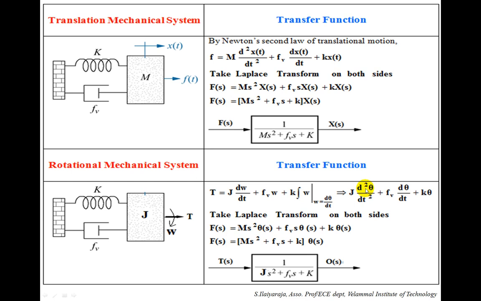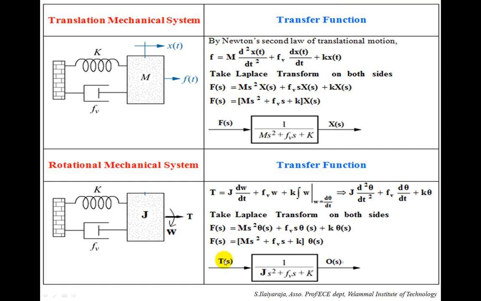When you substitute this, you will get J d square theta by dt square plus f d theta by dt plus K theta. Take Laplace transform on both sides, you will get J s square theta(s) plus f s theta(s) plus K theta(s), and your transfer function will become 1 by (J s square plus f s plus K). So you can compare the transfer functions of the translational and rotational mechanical systems. Both are the same, only here it is mass and here it is inertia.